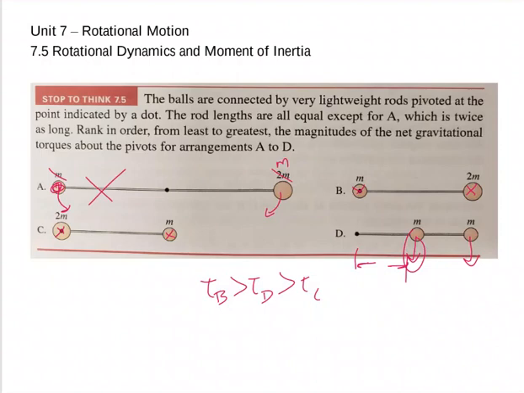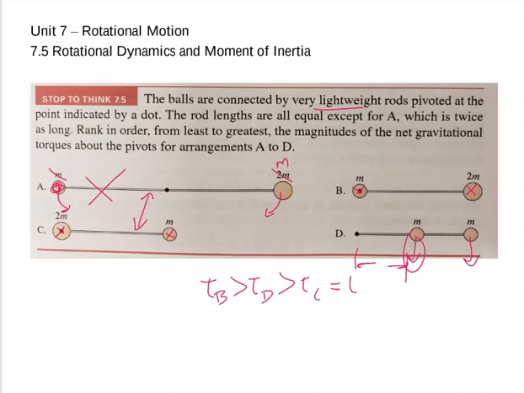And that gives us basically the same thing as what we have. These two are basically identical, because we're calling this bar very lightweight. So the idea there is we're saying there is no mass there. Therefore, we're going to say that A is the same as C.